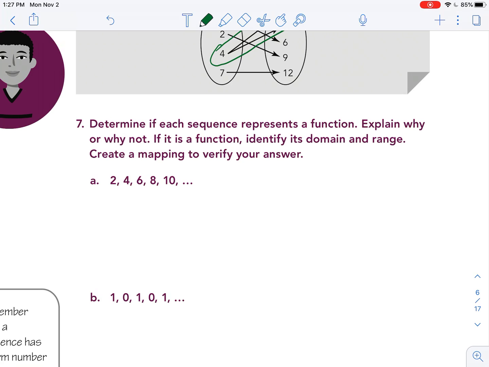Determine if each sequence represents a function. And I'm going to tell you right now that we didn't really go over this, so let me go over it here. This is the first term. So if I was writing a relation, 1, 2. This is the term and that is the number in the sequence. This is the second term, so 2, 4.